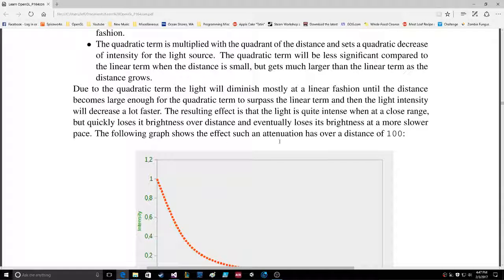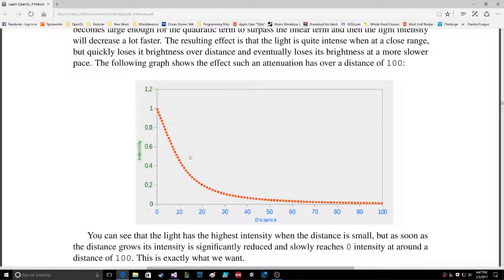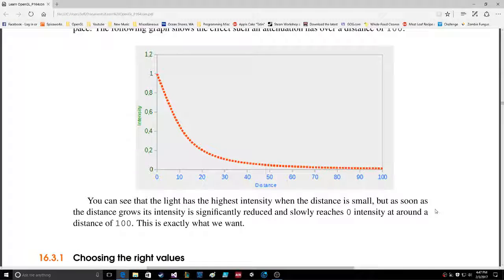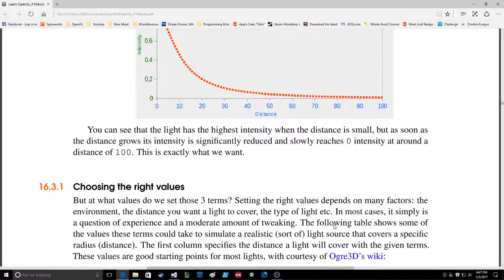The following graph shows the effect such an attenuation has over a distance of 100. You can see that the light has the highest intensity when the distance is small, but as soon as the distance grows, its intensity is significantly reduced and slowly reaches 0 at around a distance of 100. Approaches 0 anyways. That is exactly what we want.